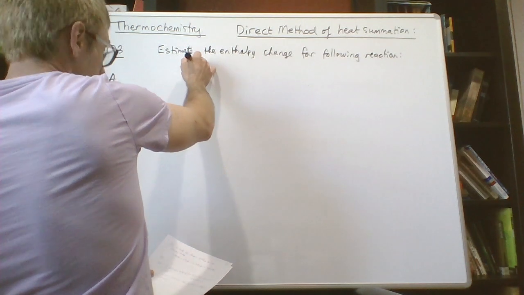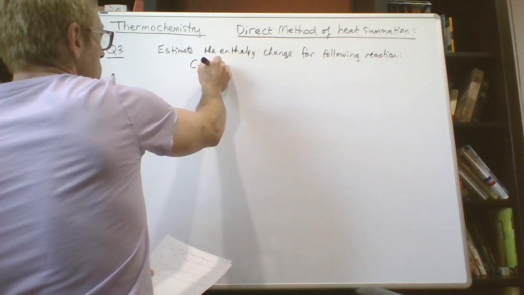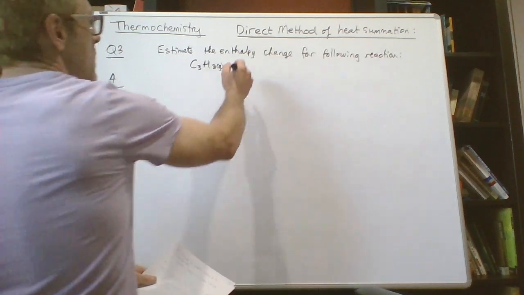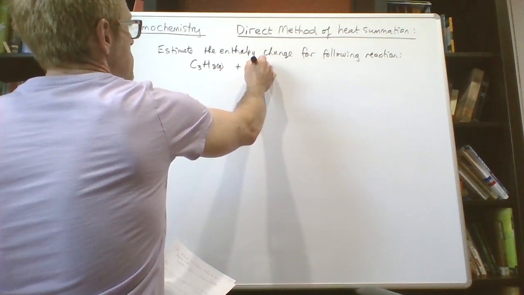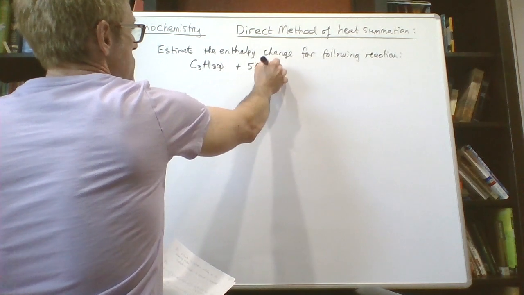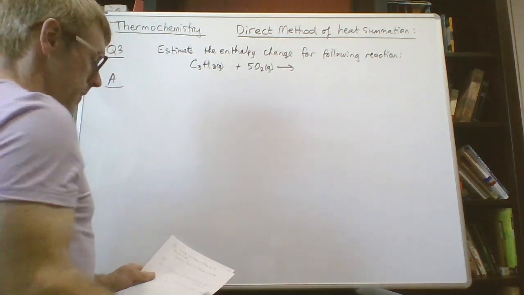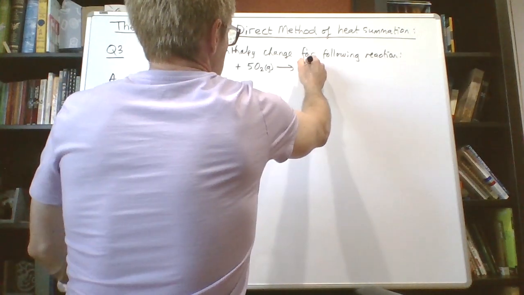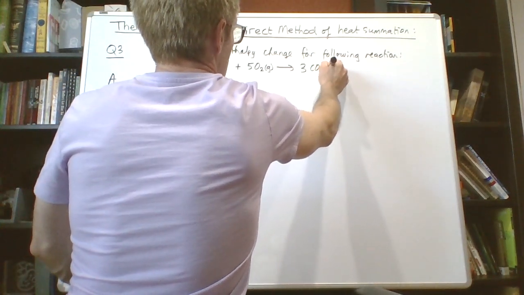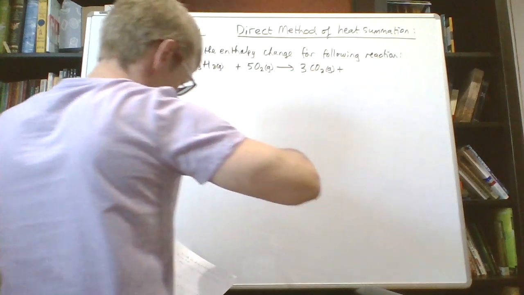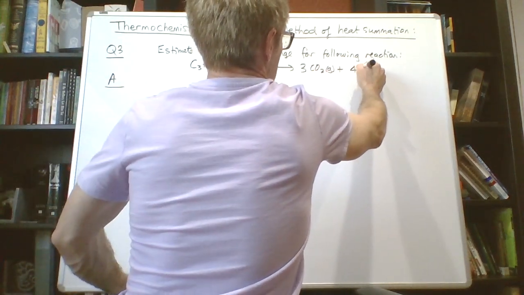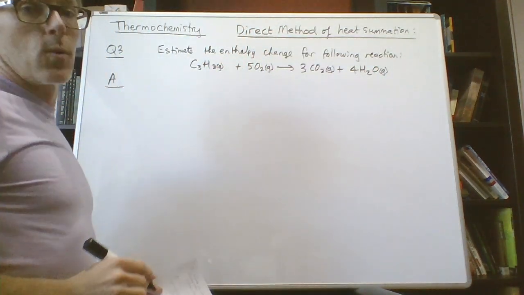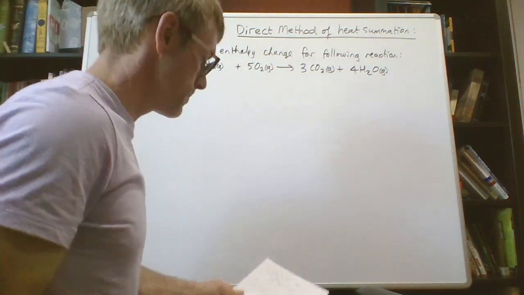So we're given C3H8, the gaseous phase, so propane, and 5 lots of oxygen, so we know it's a combustion reaction, which means it's also a redox reaction. Gives 3 lots of CO2 gas and 4 lots of water gas. Okay, so what's the energy of that reaction?